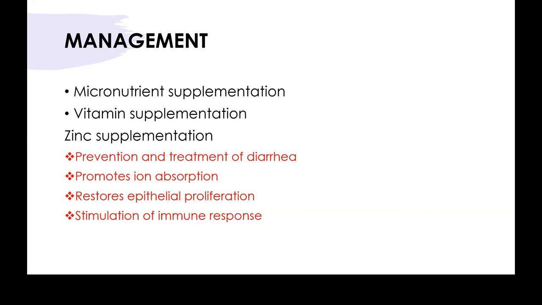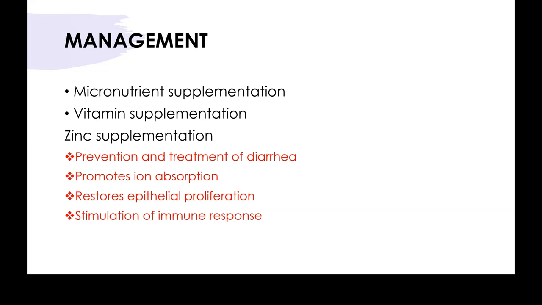Then further into the management, you have to supplement your patients with micronutrients. Micronutrient deficiency will have lots of impact on your physiological metabolism. So you have to supplement. Vitamin supplementation is important, based on whether you have a water-soluble or fat-soluble vitamin deficiency. And zinc supplementation is very, very vital.